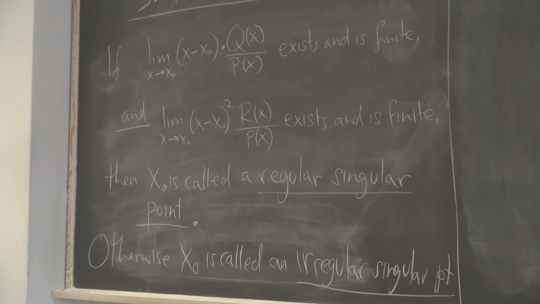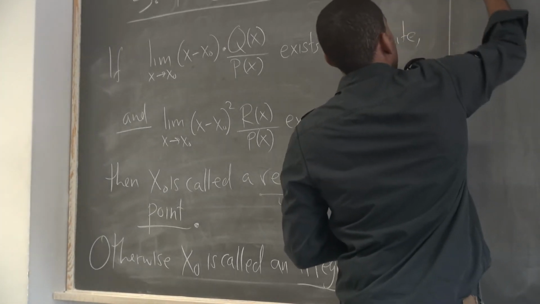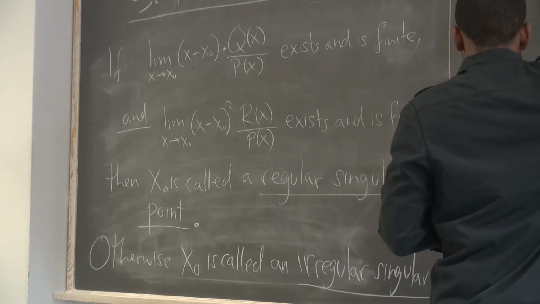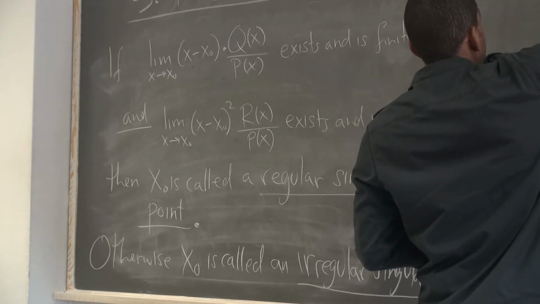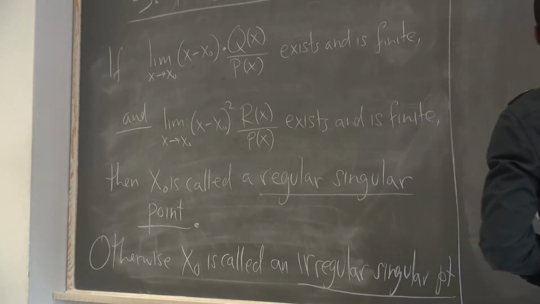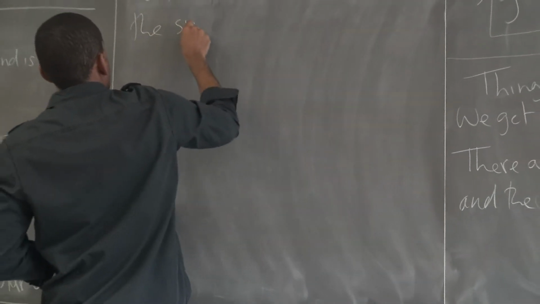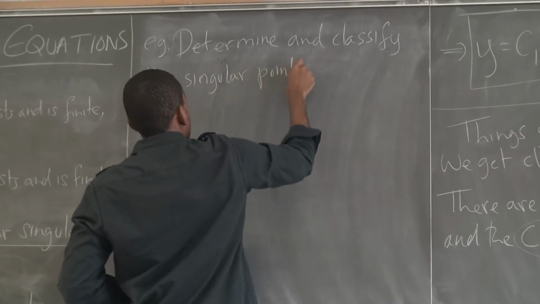We only have time to just do some tests. And then next time we start with 5.5 and do the series solution for the regular singular points of an Euler equation. Determine and classify singular points.